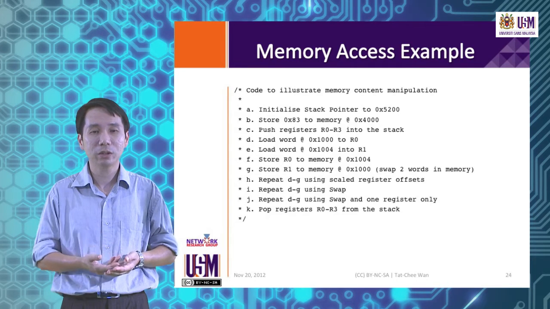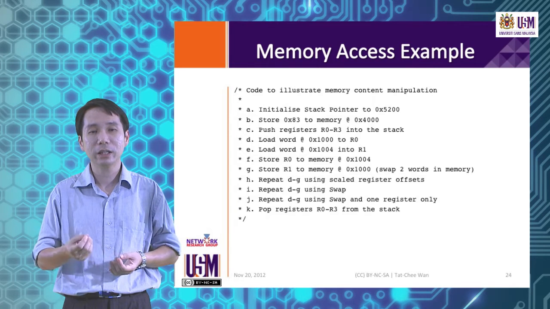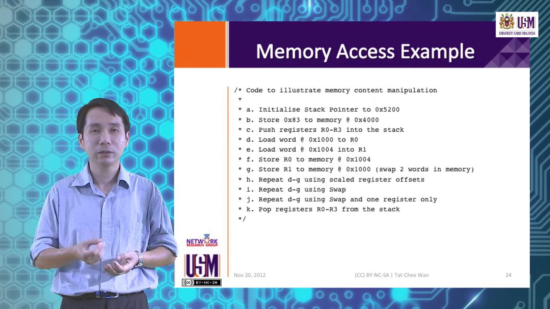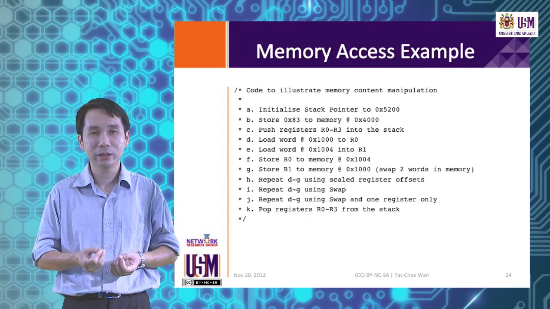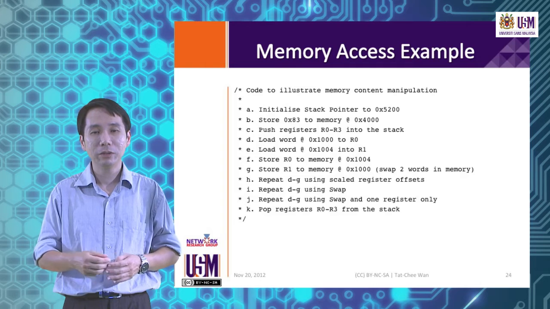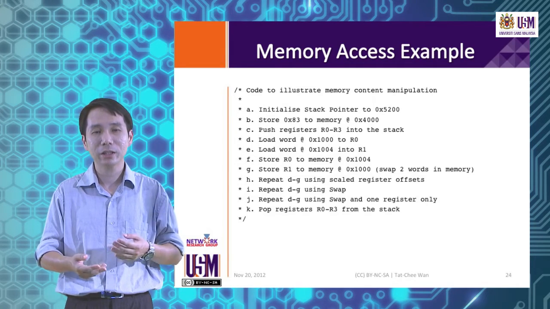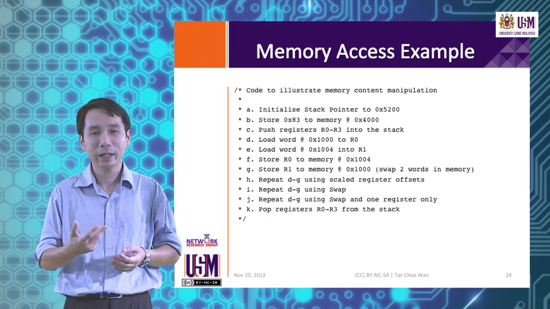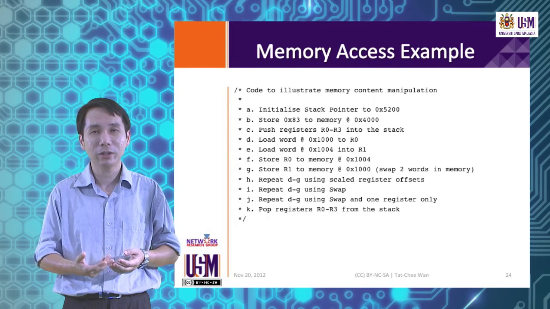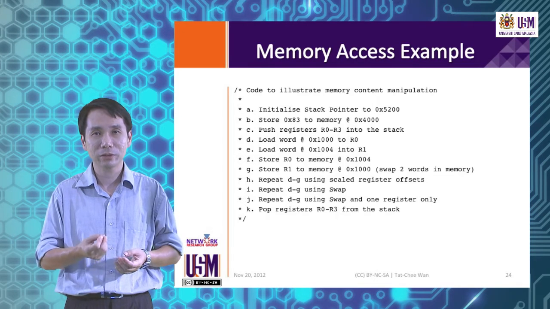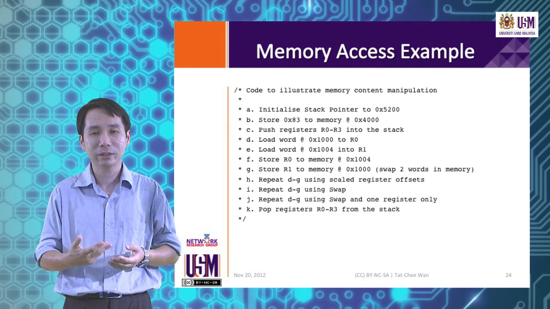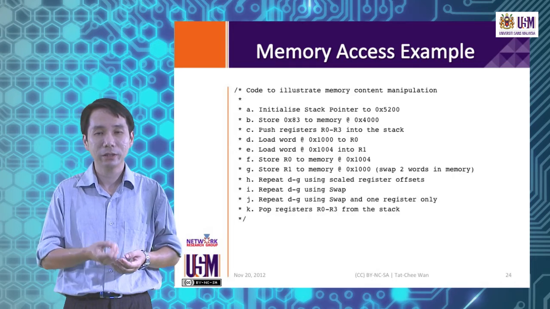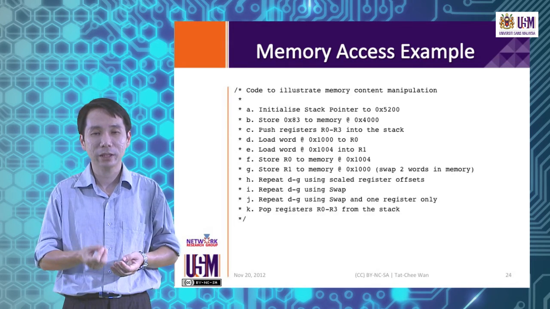We will next load the word stored in location 1000 hex into R0 and the word stored in location 1004 hex into R1, and we will then swap these two values such that location 1004 hex now contains the value of location 1000 hex, whereas location 1000 hex contains the value in location 1004 hex.